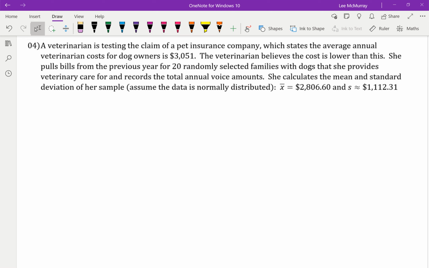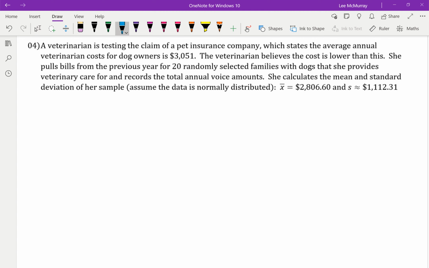She calculates the mean and standard deviation of her sample. Assume the data is normally distributed, and x bar is 2,860, and the standard deviation is $1,112.31. So those were produced for you. You don't have to calculate those from any raw data.